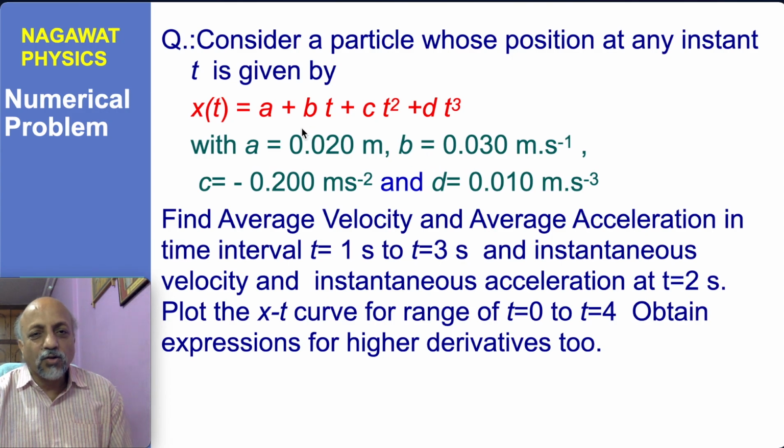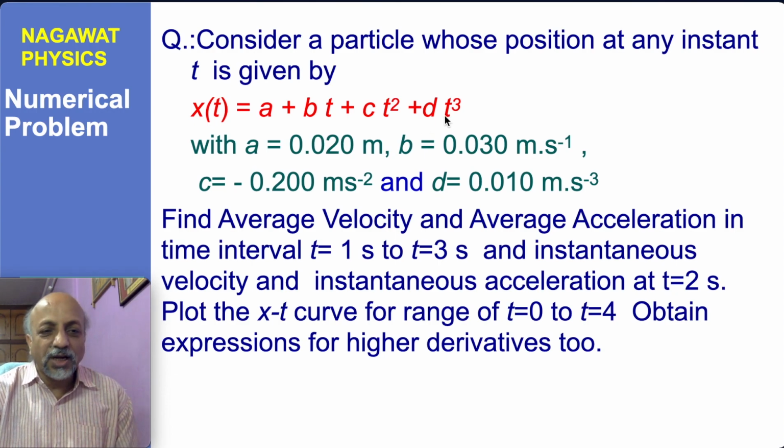So that bt is in meter, ct square is also in meter, dt cube is also in meter, because x is in meter. In any such linear expression, all terms appearing must have the same dimension and should be expressible in the same units. You can't add meter and inches without converting.